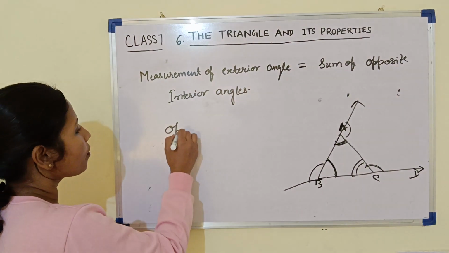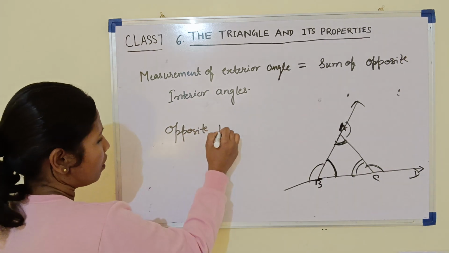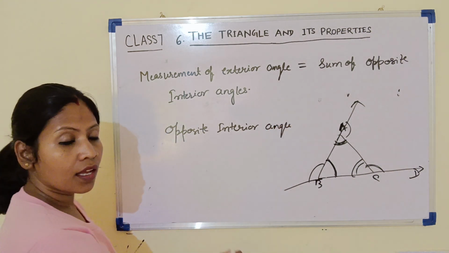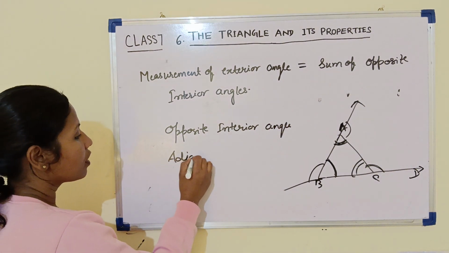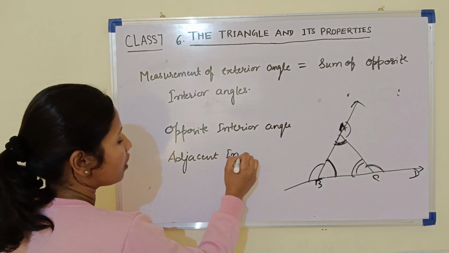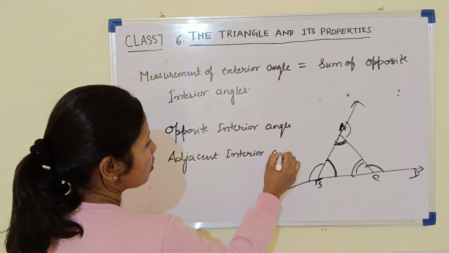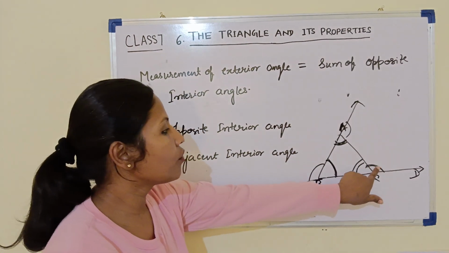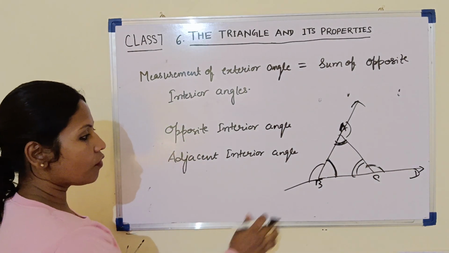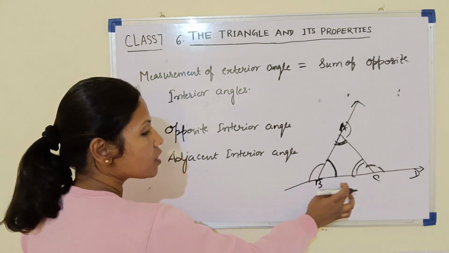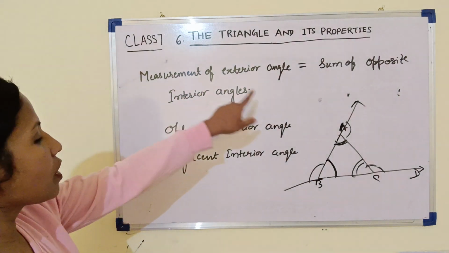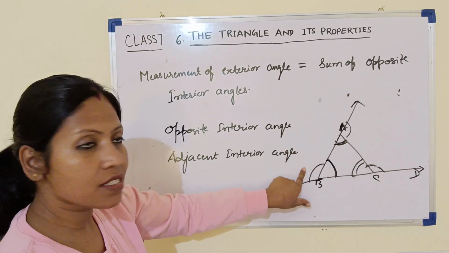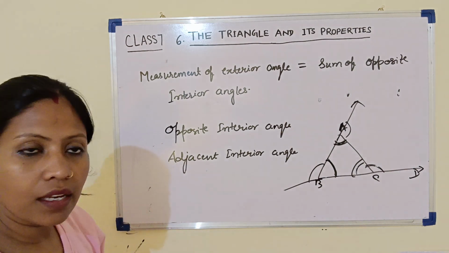So I have given you the concepts of opposite interior angle and adjacent interior angle. With respect to this, these two angles are opposite, and this is adjacent. If I talk about this angle, these two are opposite and this is adjacent. So the measurement of this exterior angle is the sum of these two opposite interior angles.